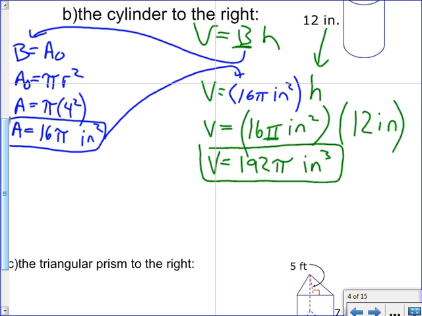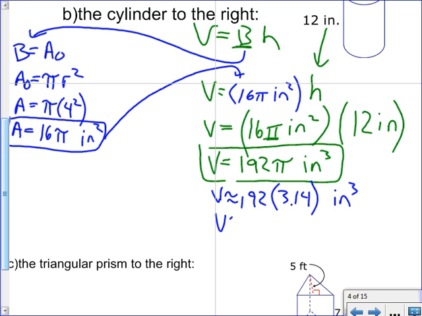But remember, the question asked me to approximate it to the nearest tenth, so I will do volume equals 192 times 3.14 inches cubed. And when I do that multiplication, I get 602. I apologize. I made one mistake first. This is not equals. This should be volume is approximately equal to 192 times 3.14.